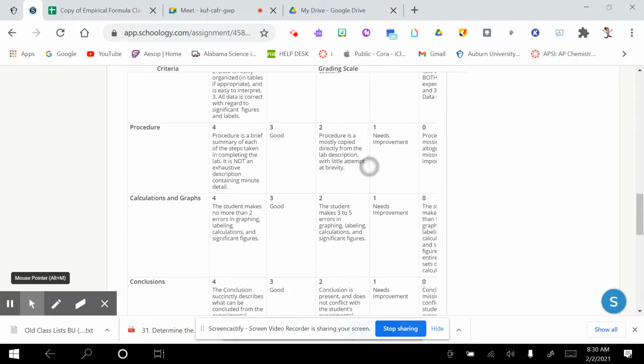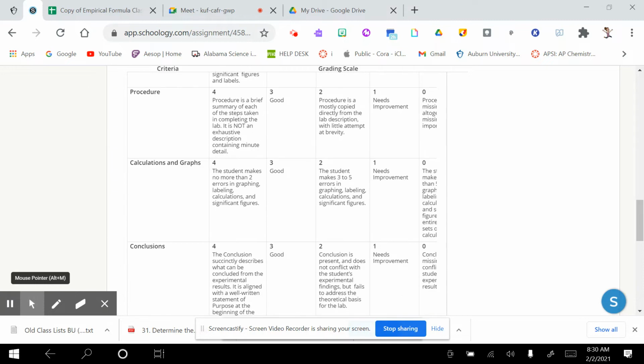Procedure. Now on the procedures, if you look at the student handout that I gave you with the lab, it gives you procedures, right? It tells you what you were supposed to do at each step. You're going to take those procedures. Now, in a lab report, don't cut and paste from the lab handout into your lab report.